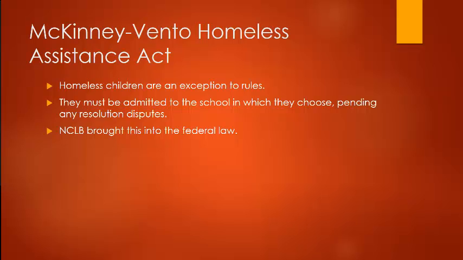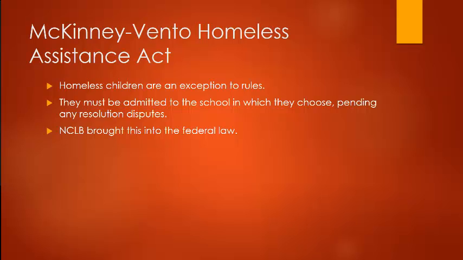The main thing that we see is that if a child comes in and qualifies under the definition of homeless according to McKinney-Vento, then the school automatically has to enroll that child pending any disputes. And it's a school of that child's choice.